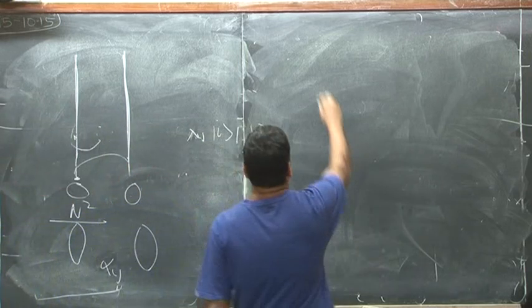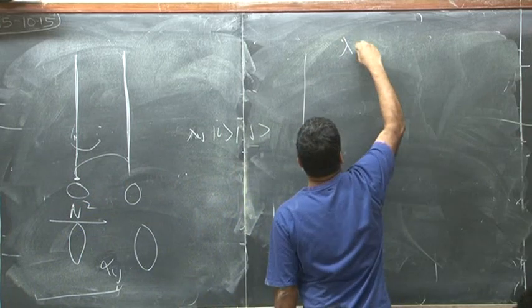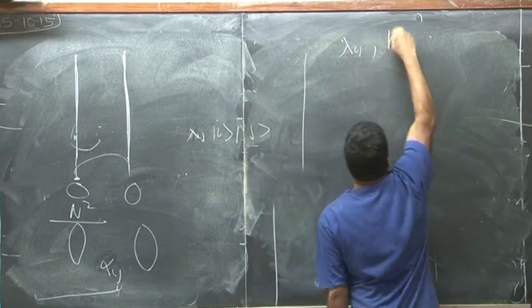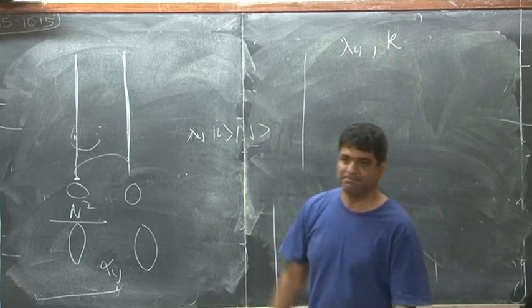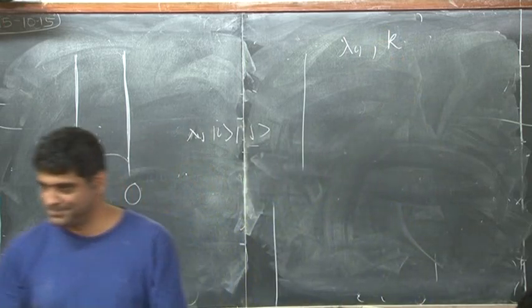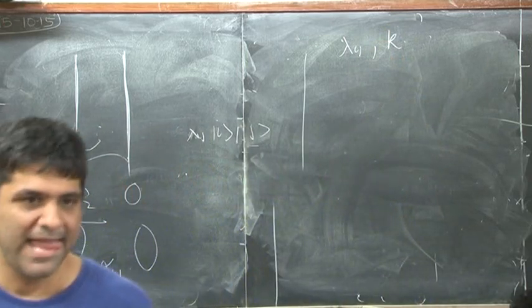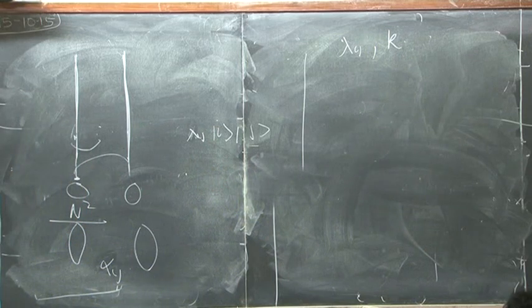Now suppose I've got an external state. It's specified by a lambda ij and a k. Let's say an external tachyon. It's specified by a lambda ij and a k.